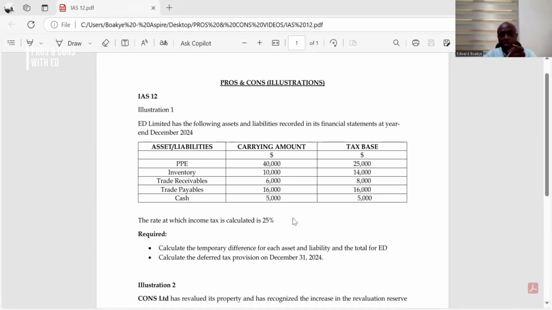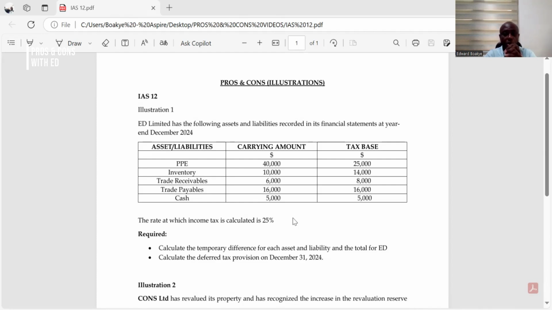We have the assets and liabilities, we have the carrying amount, and then we have the tax base. So what do we need to do? All we need to do is find the difference between the carrying amount and the tax base. Here, we were lucky in the sense that depreciation and capital allowance has been calculated for us. So all we need to do is find the difference between the carrying amount and the tax base to get our temporary difference.